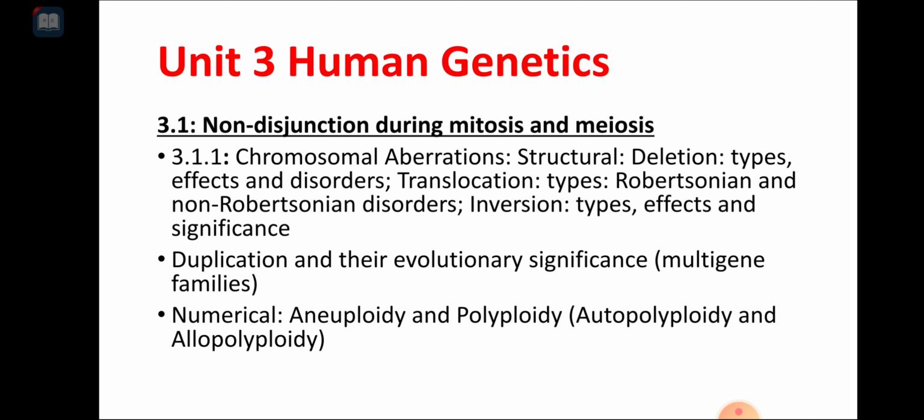When there is a non-disjunction during mitosis and meiosis, certain conditions are caused due to the unequal shifting of chromosomes. There are a number of alterations caused, and they may have some adverse effect, or they may also have some mild effects on an organism. You are going to study this in the first topic.